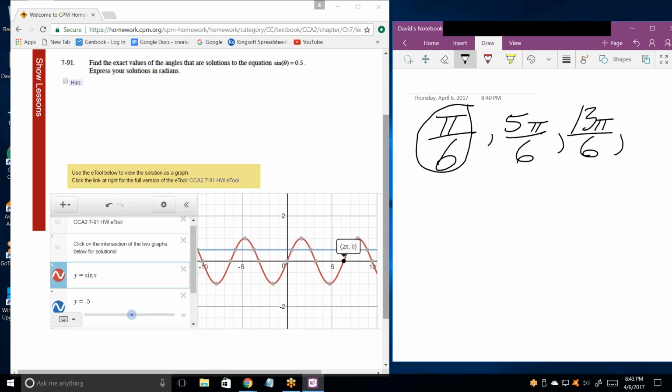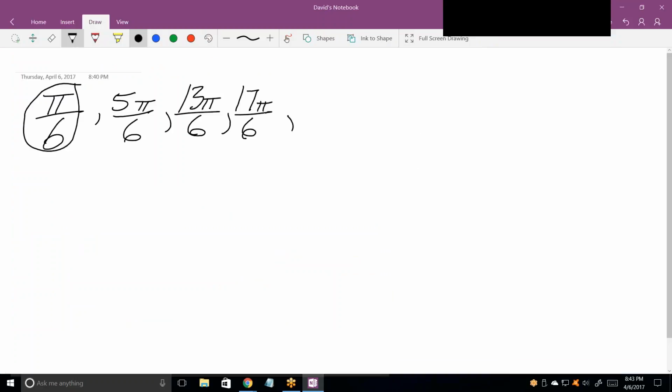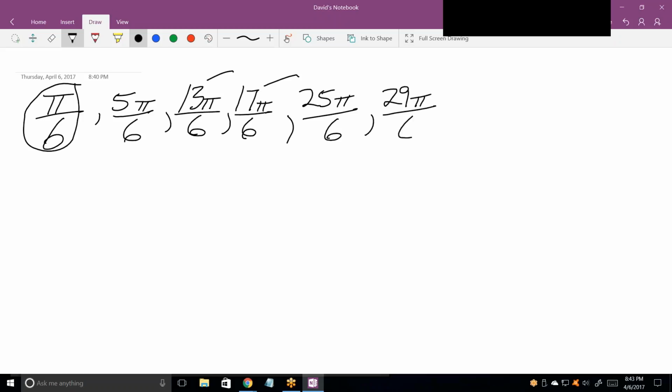Now add 2 pi to this one, what do you get? 17 pi over 6. And I could go on and on forever. Now I'm going to add 2 pi to that one, so I get 25 pi over 6. And I add 2 pi to that one, so I get 29 pi over 6.